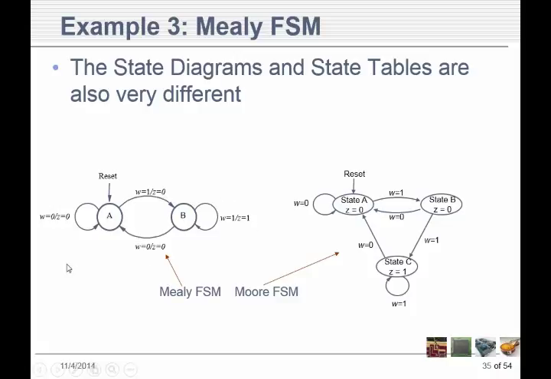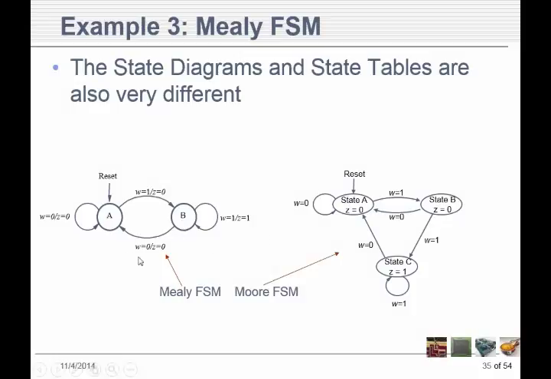Here, when we're going from state A to B, W had to be a 1 and Z was a 0, right? We didn't have 2 1s on W, so Z was a 0. Here we would have 2 1s on W, so Z would become 1.